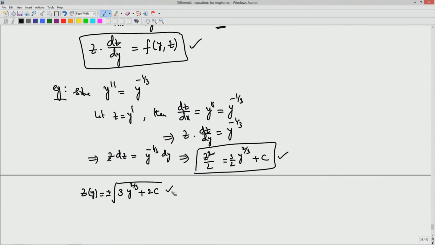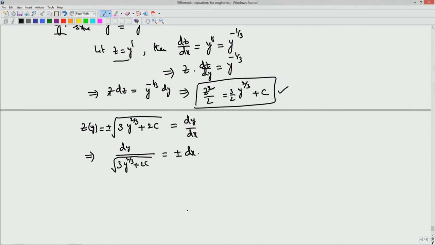This is equal to dy by dx because y dash is z. So, now I can solve dy by square root of 3 y power 2 by 3 plus 2c equal to plus or minus dx. This is what the first equation becomes.